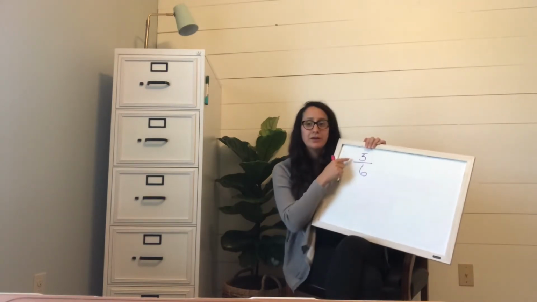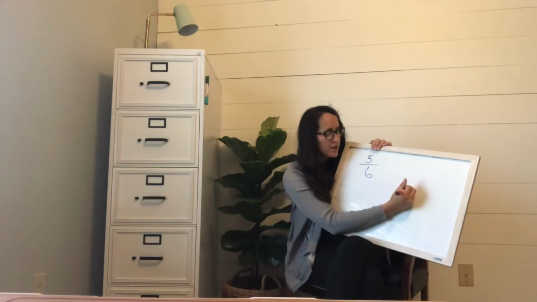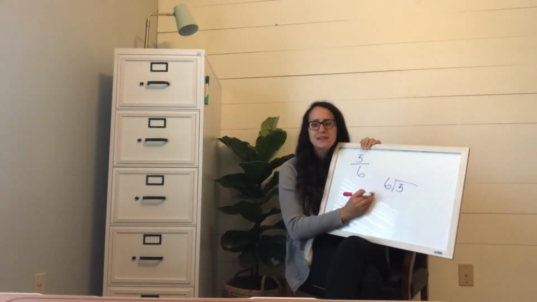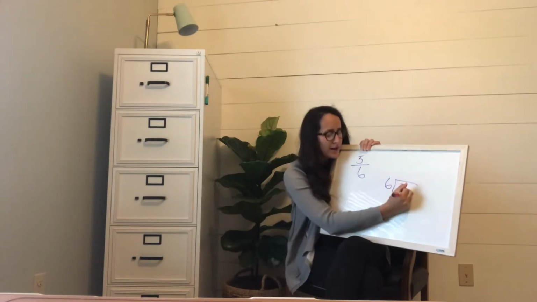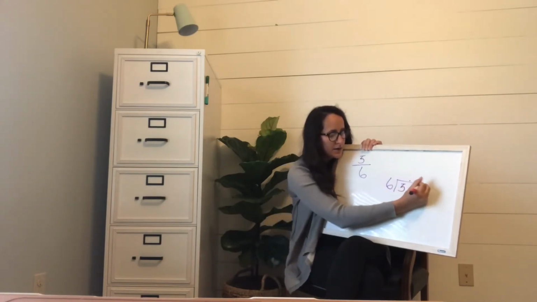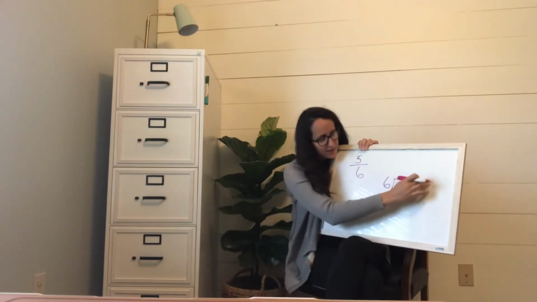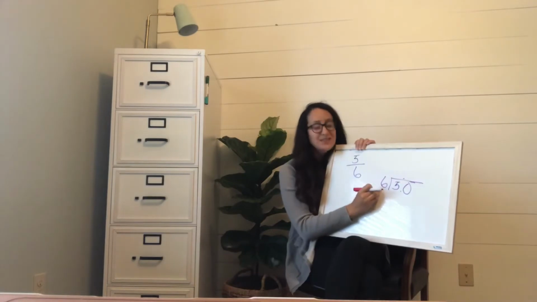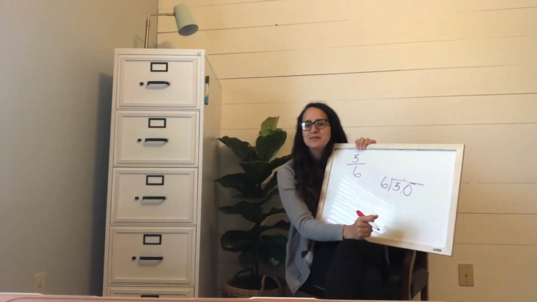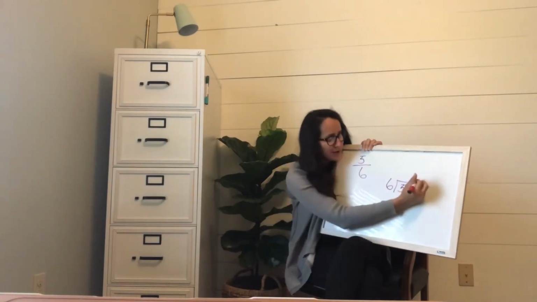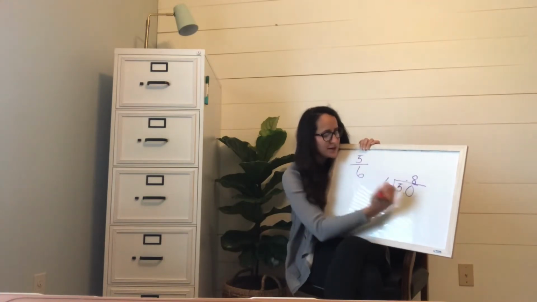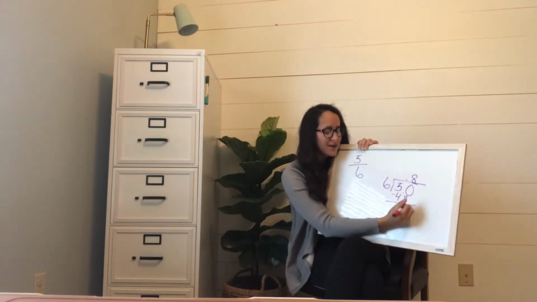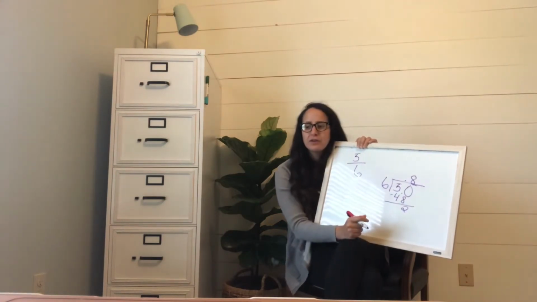So we're going to say numerator divided by denominator. 5 divided by 6. 6 cannot go into 5, so we're going to annex zeros. 6 will go into 50. How many times? 8. Yes, I'm so glad that you're working on your facts still. 8 times 6 is 48. We subtract and get a remainder of 2.